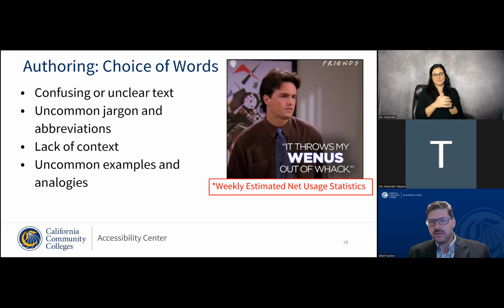So when Chandler was really upset, he said, "It throws my winners out of whack." He meant that metric they had as weekly estimated net usage statistics. They also had annual net usage statistics. So not only may it become an accessibility issue, it may actually be offensive if something uncommon is used not in the right context.